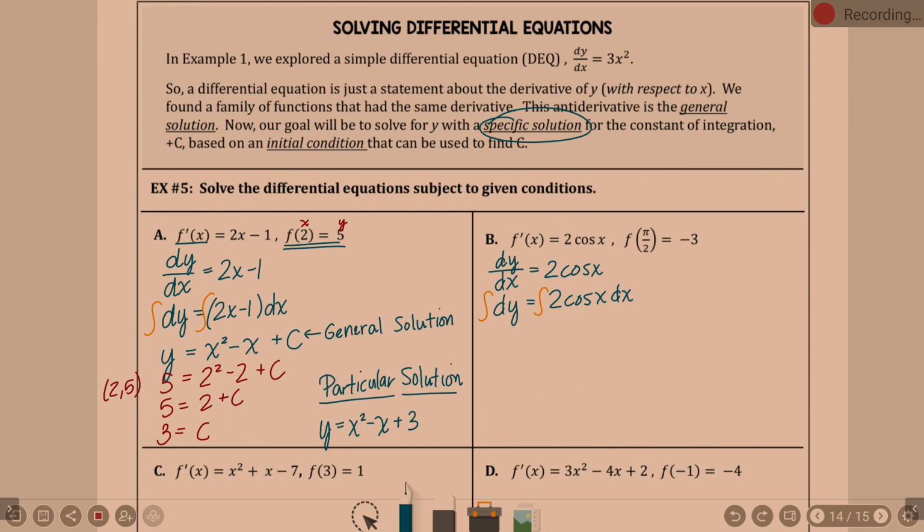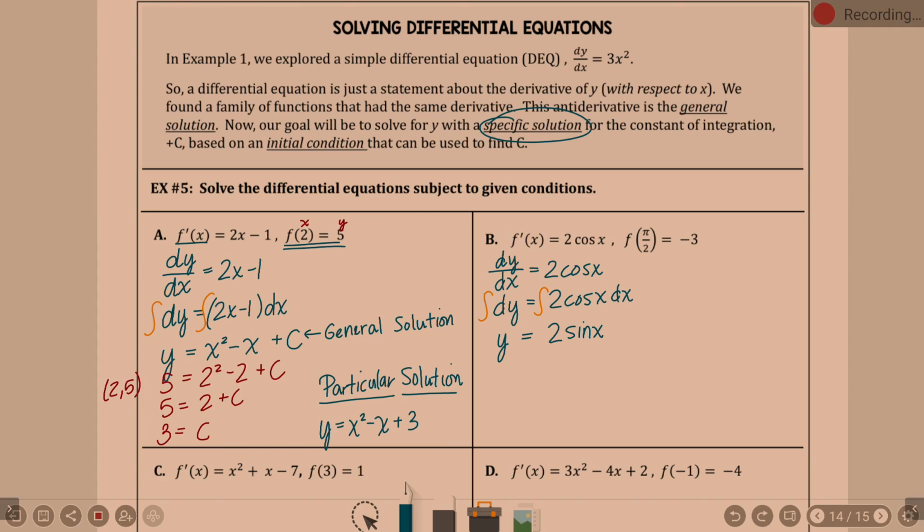Of course, on the left, the integral of dy, or of 1, I should say, is y. Integral of 2 cosine x. So, can we all agree there's a 2? And we can all agree there's a sine x, yes? Because the constant 2 just stays.